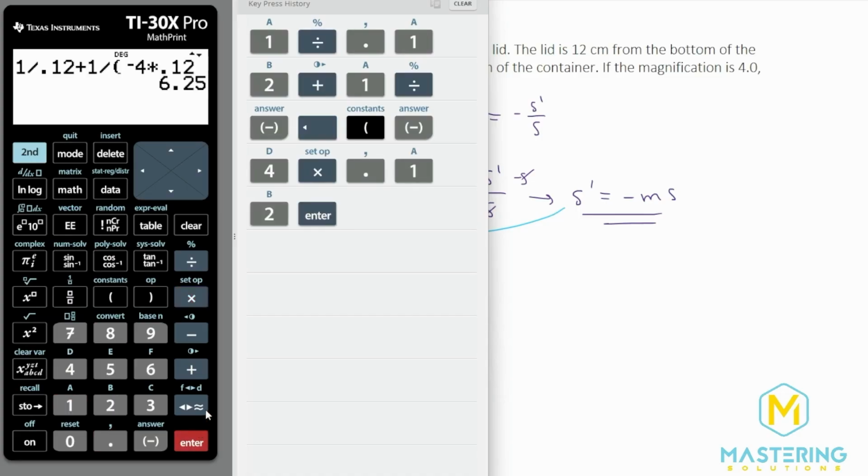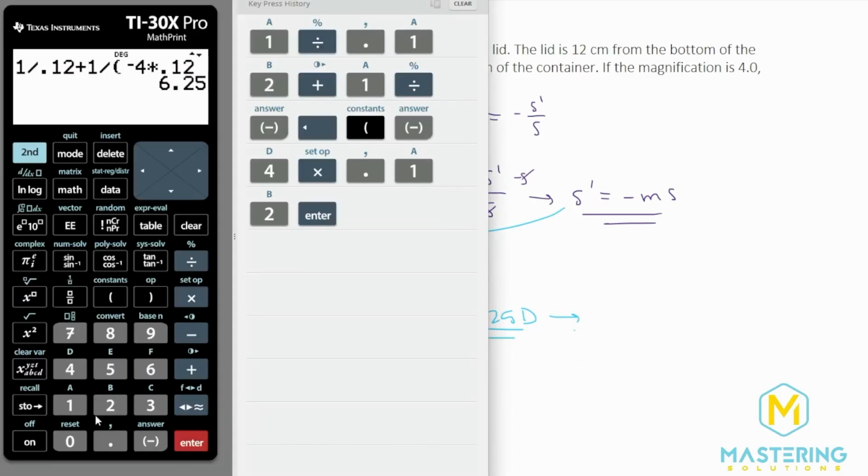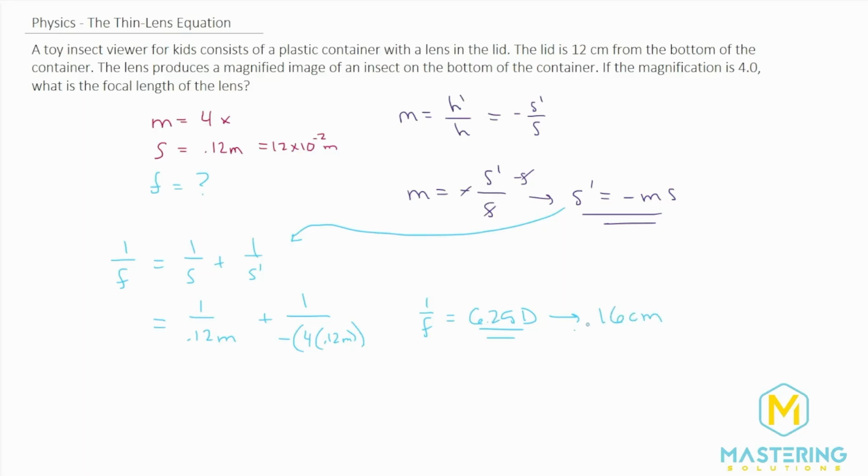That gives us 6.25. So 1 over f is equal to 6 1/4 diopters, but we want the focal length, so let's change this to just f by taking the inverse of that. So 1 over 6.25 is going to be equal to 0.16 meters, or 16 centimeters.